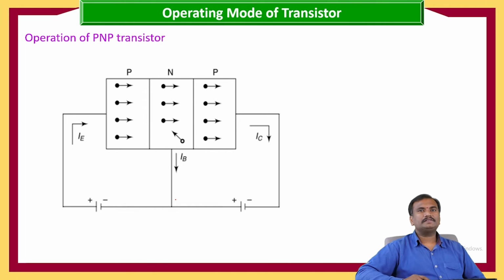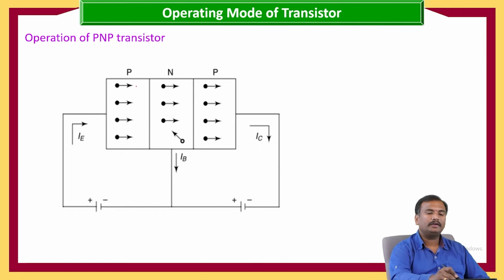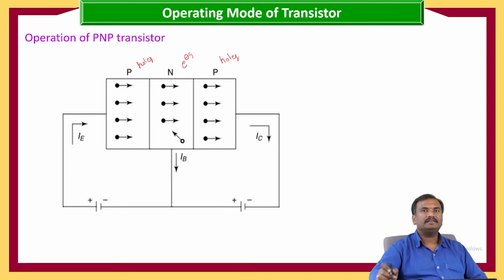The next one is the operation of PNP transistor. Here we are going to have holes, electrons, and again holes as the majority carriers.